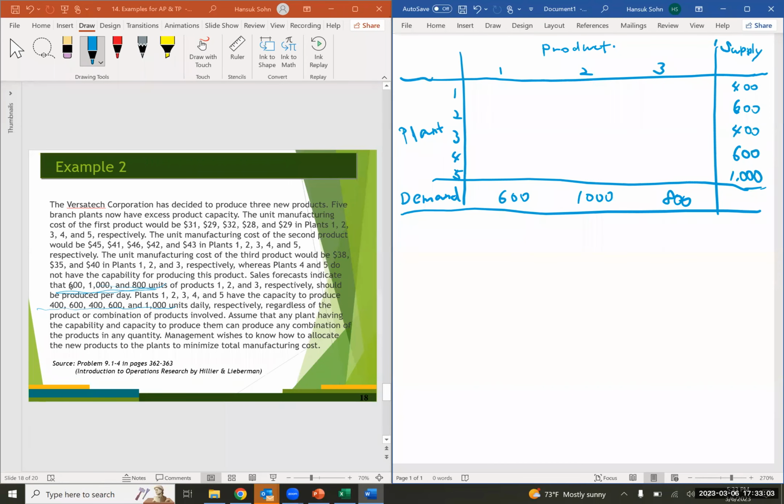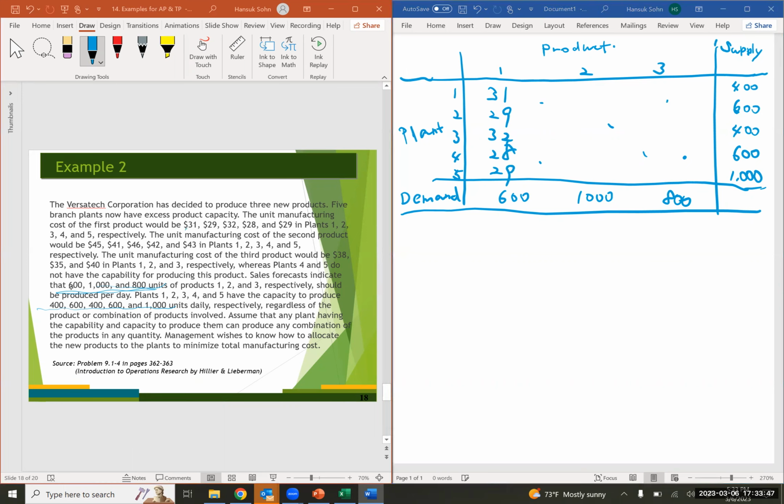So in this transportation table, what would be the unit transportation cost? That's going to be the unit manufacturing cost, right? So we just need to use the given unit manufacturing cost for each product in this area. For the first product, that's 31, 29, 32, 28, and 29.